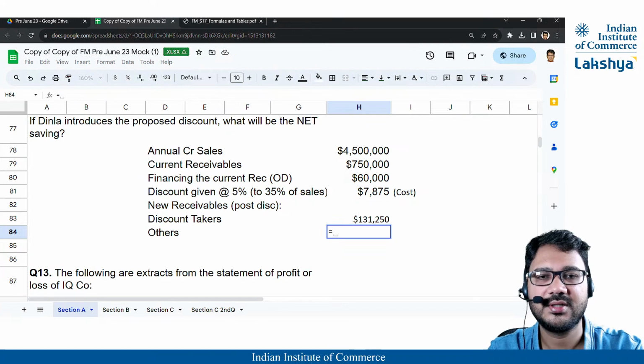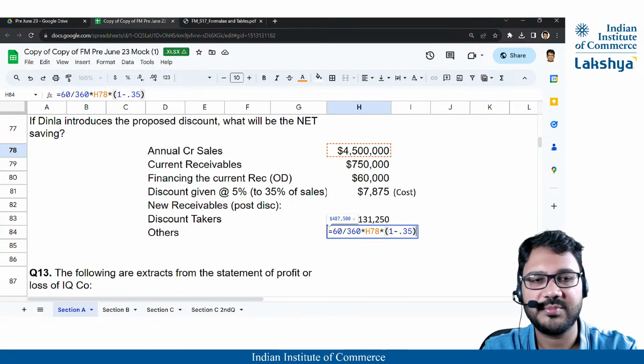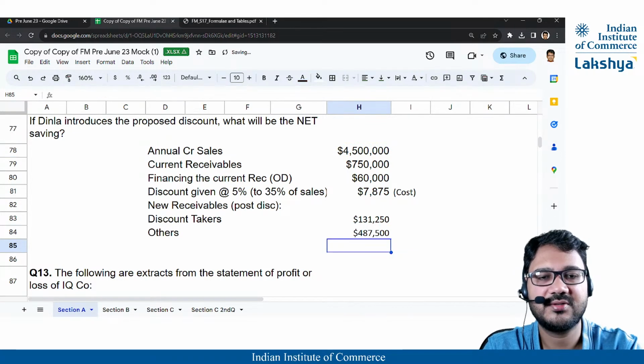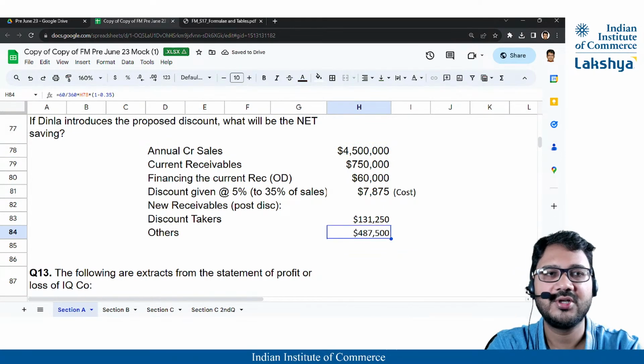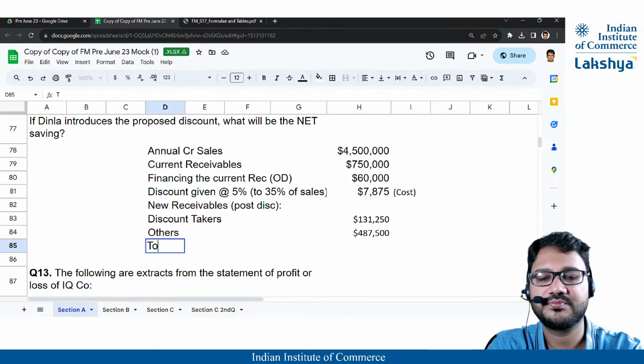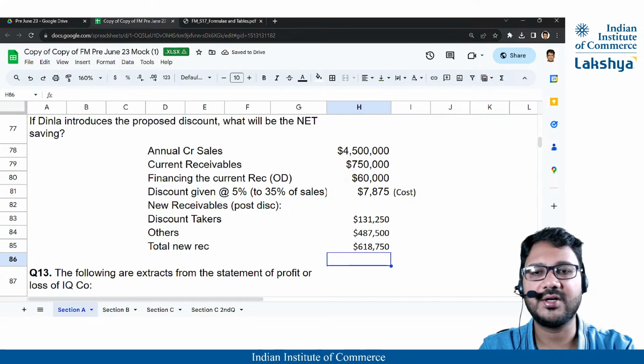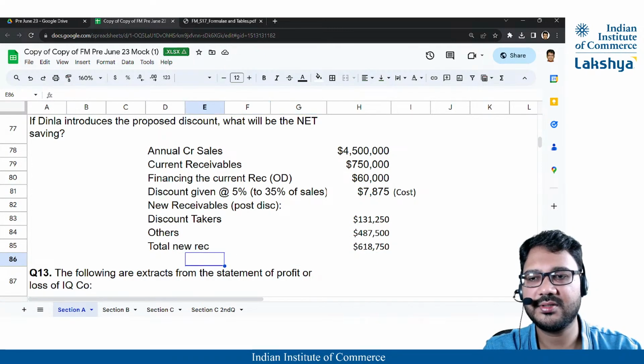Others are basically taking the same 60 days divided by 360 into the annual sales, and they are the balance. So 1 minus 35%, you can directly do even 65%. Here I'm just showing the calculation. So 487,500. Total new receivables is equal to this plus this, so 618,750.